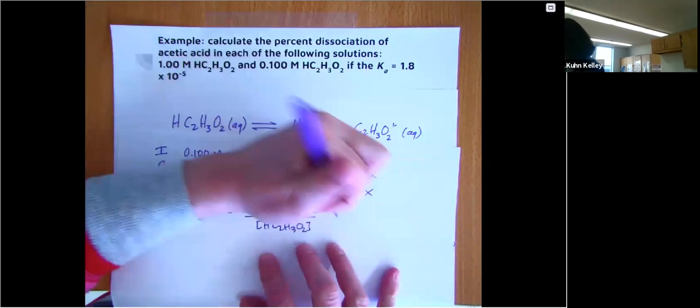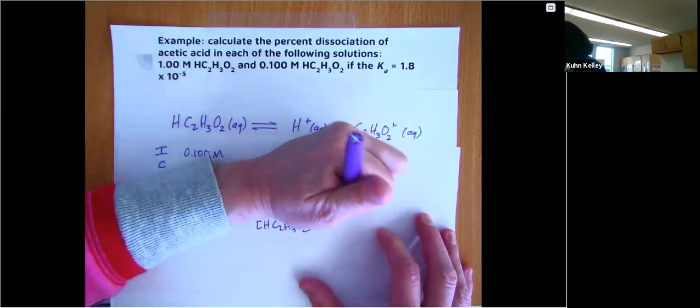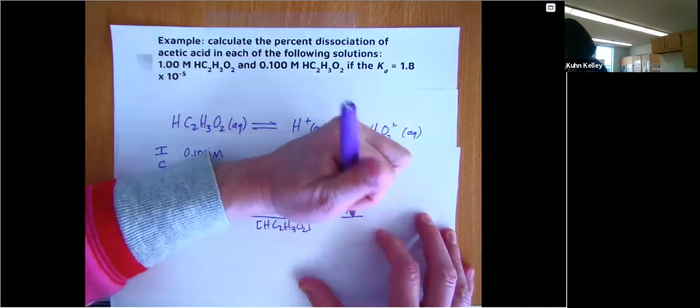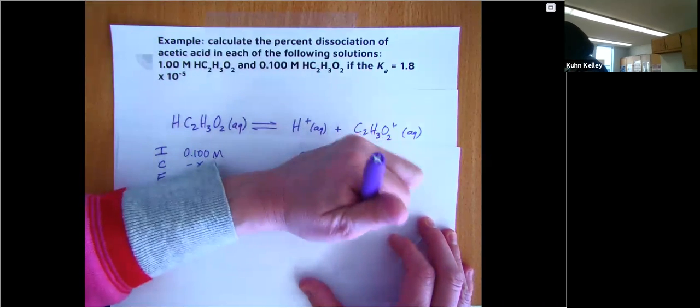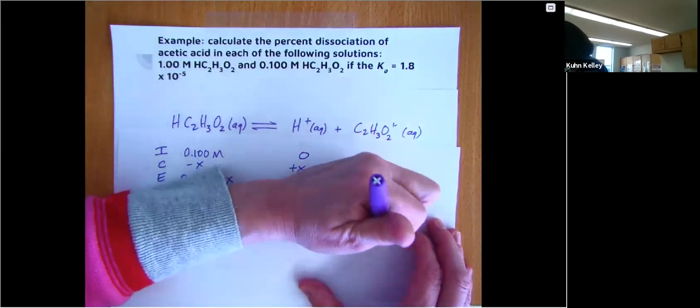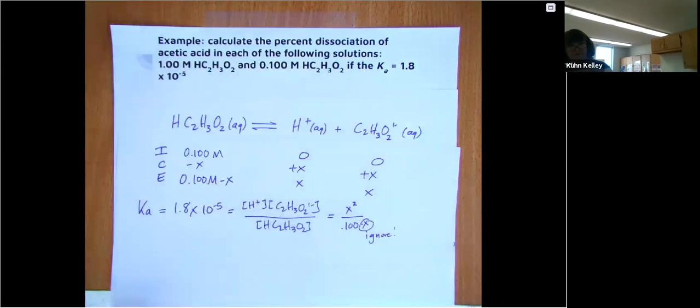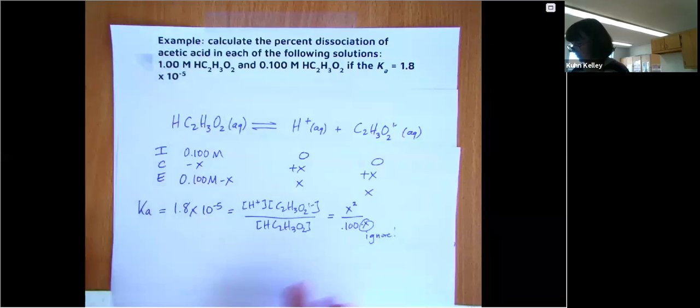So when I plug that in, simplifying it a little, it's going to be x squared over 0.1 minus x, but we're going to ignore this. By the way, the percent dissociation test is the exact same thing as the 5% test. So as long as my percent dissociation is less than 5, I know that I was okay ignoring that x.